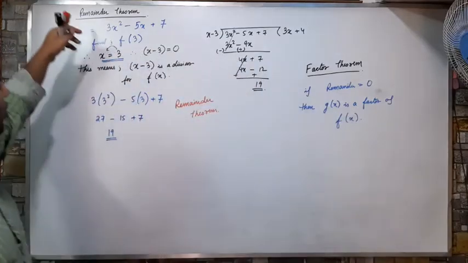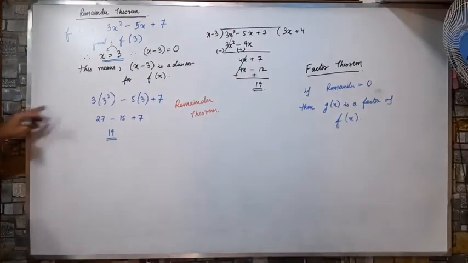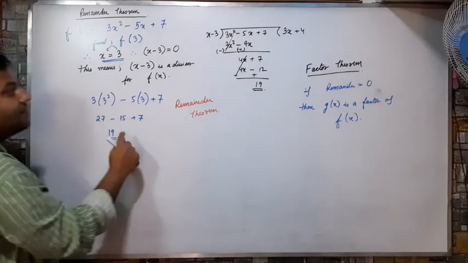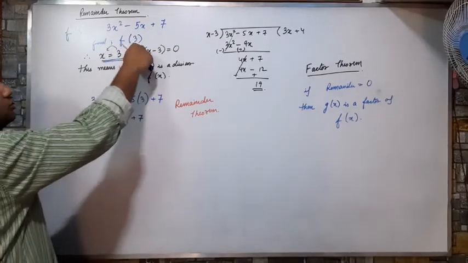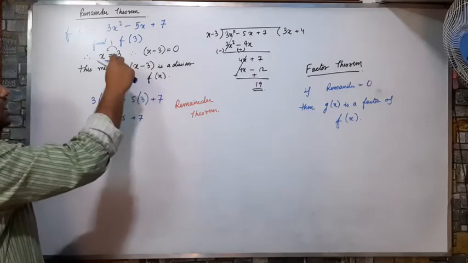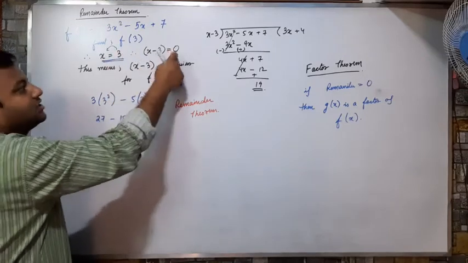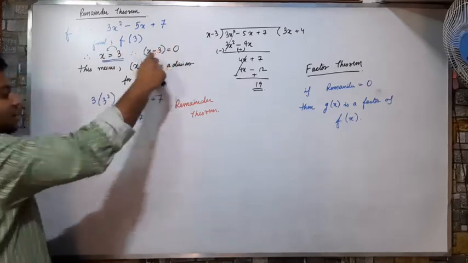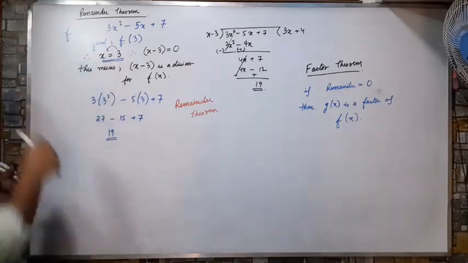So after doing the remainder theorem, if the remainder comes as 0, then I will say that x equals 3 or x minus 3 equal to 0 is a factor of the given polynomial.